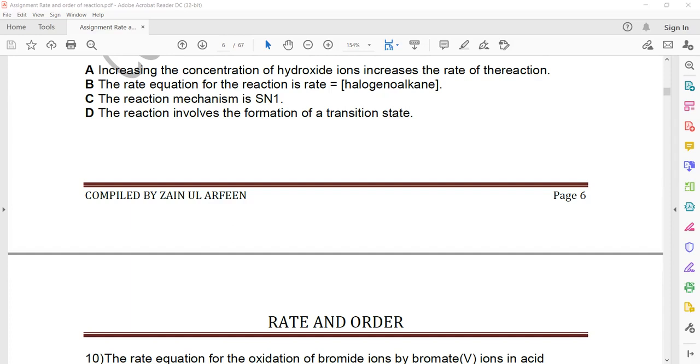In SN1 and SN2 reactions, it's the same as AS. Then in an SN2 reaction, what happens? So there are two types of reactions in terms of substitution.